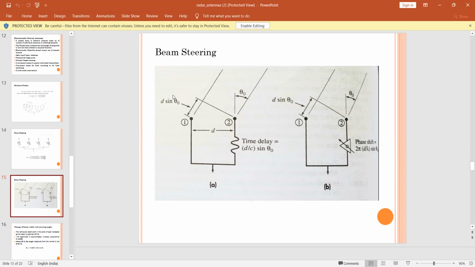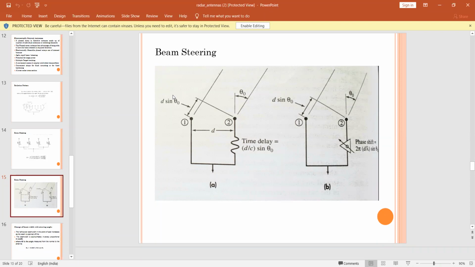If the signal is delayed at element 2 with a time delay delta t equal to d by c into sine theta, it will be in time coincidence with the signal at element 1. If they are added together, it is as though the main beam of the two-element array was pointed in the direction theta naught.